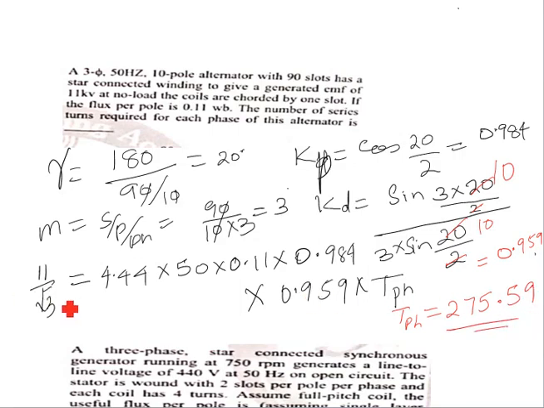The mistake you would have made is with 11 kV: you have to take 11,000 by root 3, which is around 6,350.8. Equate this and you will get 275.59. Most of you would have made the mistake here. So do this by yourself and try it. This is an important problem.